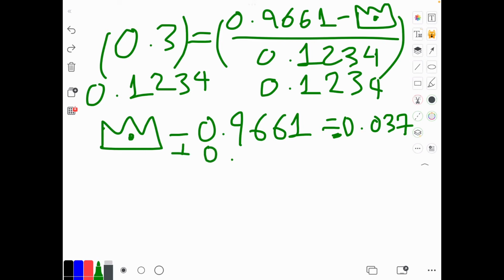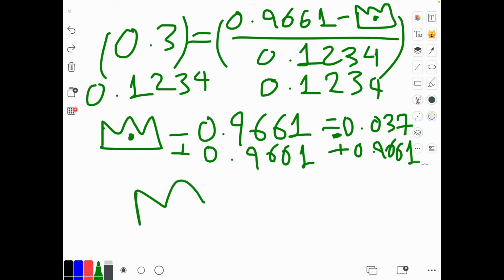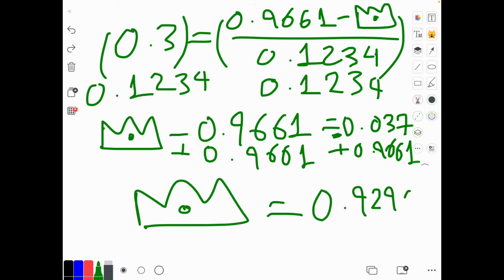So I'm going to add 0.9661 to both sides, and this will give me the value for the crown, which will be 0.9290, or 0.9291. Now if I look at the values, we had 0.9661 and 0.8 something.